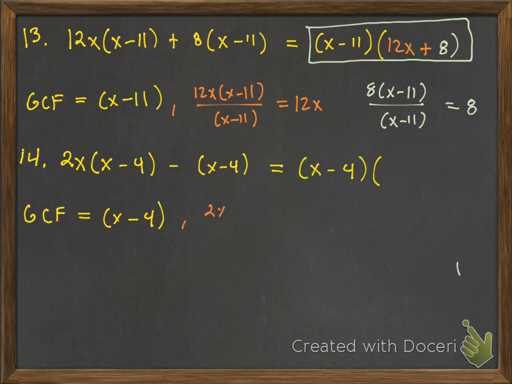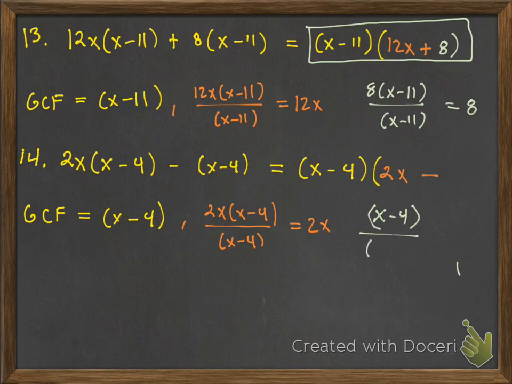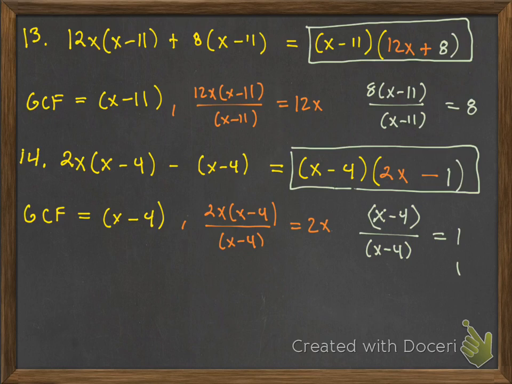Take each term, 2x times x minus 4, divided by the GCF, x minus 4. We're going to get 2x. And then the x minus 4 divided by x minus 4 is going to give you 1. And that's it. This is completely factored out.